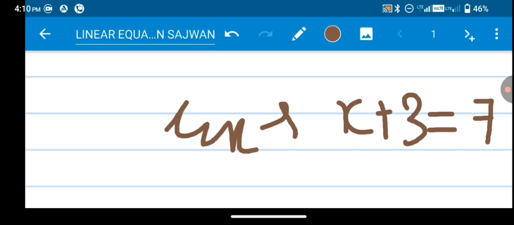What will be the possible values of x in this equation? Is it possible to have infinite values in one equation? I will tell you.